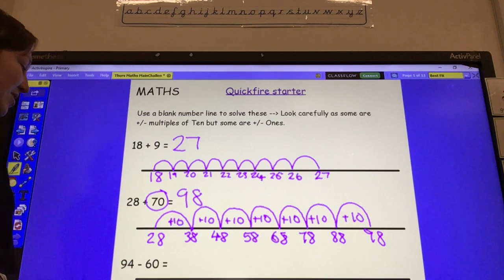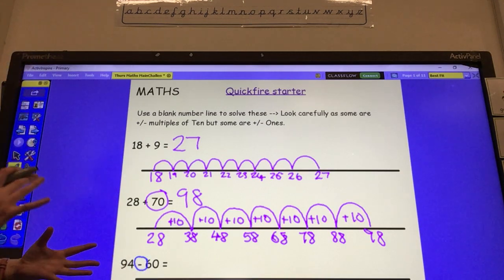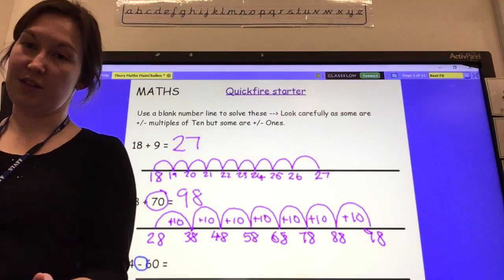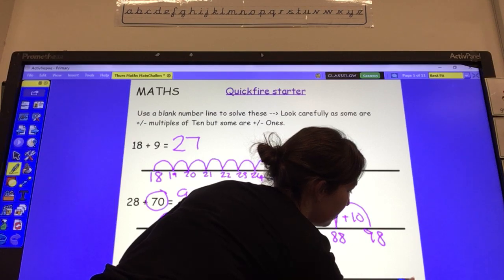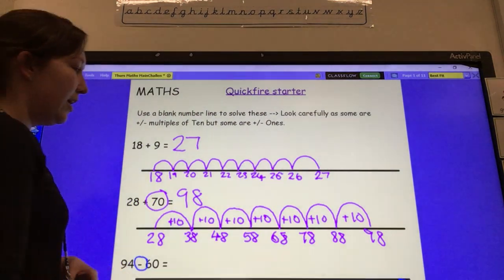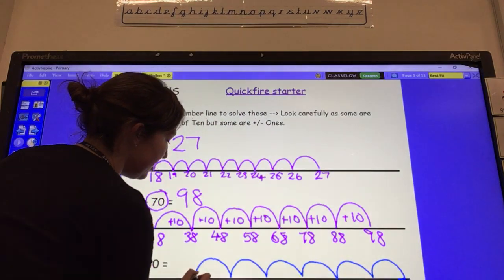And final one, 94 take away 60. So well done if you spotted that it was a subtract question this time. We're going to start at this end of our number line and do 94, and we're taking away 60. 10, 20, 30, 40, 50, 60.